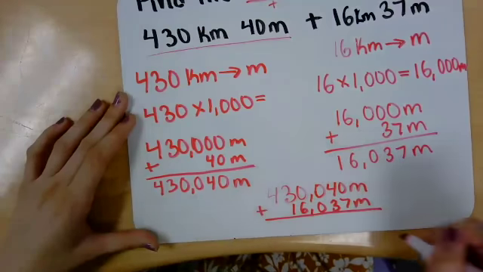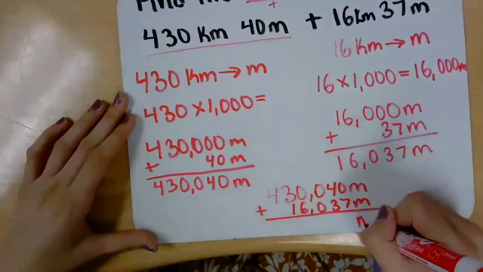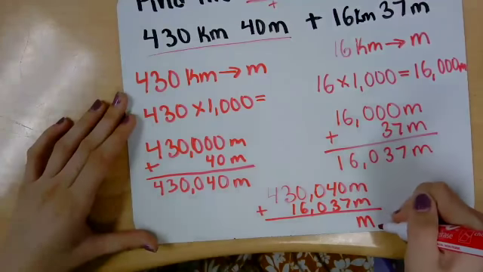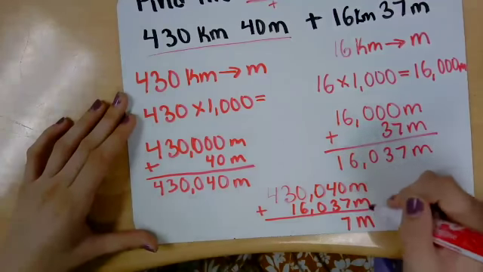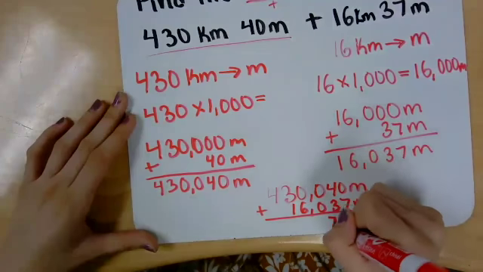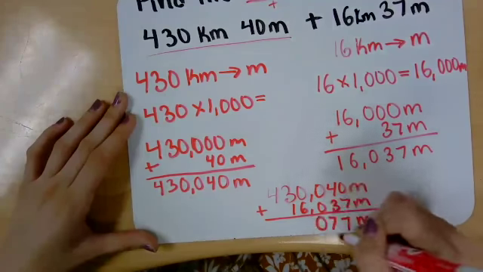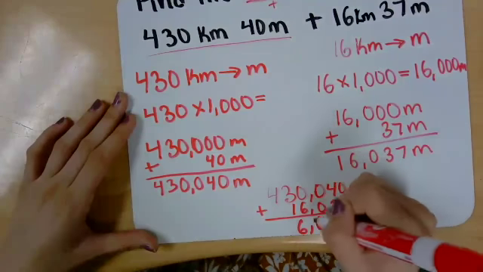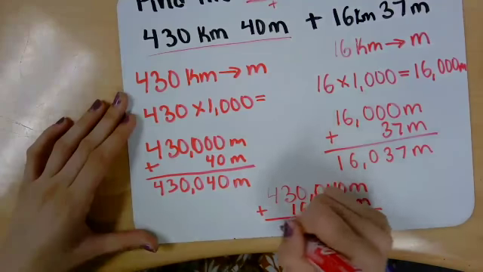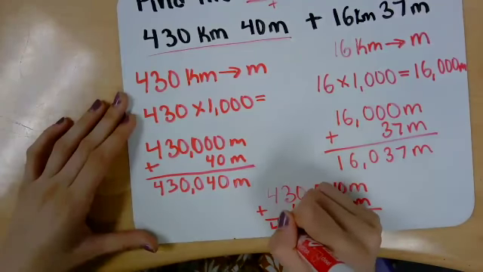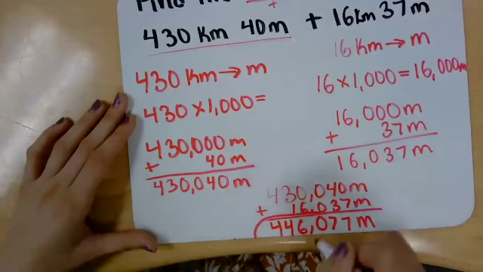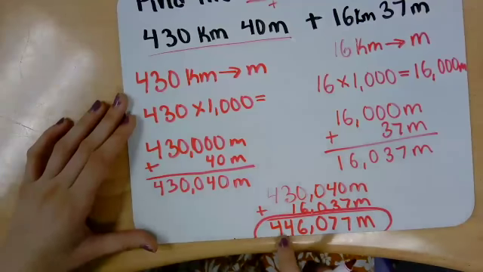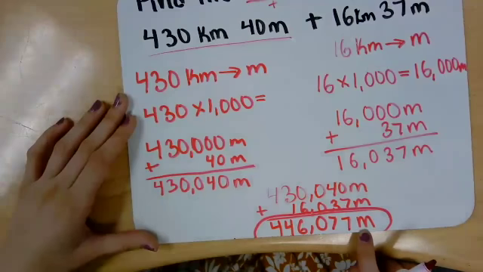Put them together, bring down our units, which is our meters. 0 plus 7 equals 7. 4 plus 3 equals 7. 0 and 0 is 0. Let's bring down our comma. 0 plus 6 equals 6. 3 plus 1 equals 4. And 4 plus 0 equals 4. So we get 446,077 meters.